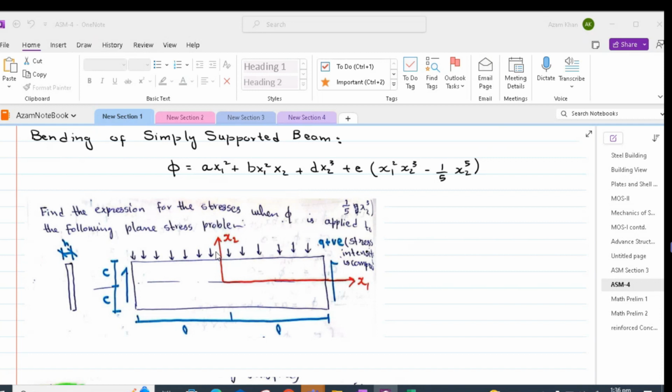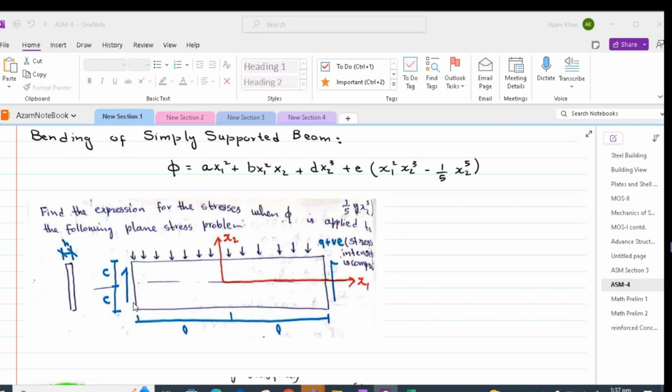In this problem, we will use theory of elasticity to get our internal stresses and displacements, and we will show at what point the solution will diverge from the simple beam theory.